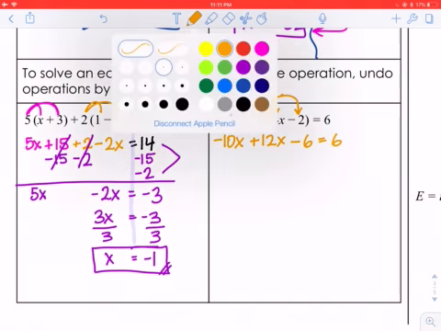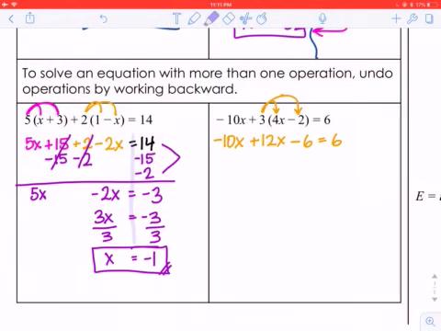All right. Again, I want to leave numbers on one side and x's on the other. So I'll leave over here the negative 10x and the positive 12x. In order to get rid of the 6, though, I'm going to add 6 to both sides.